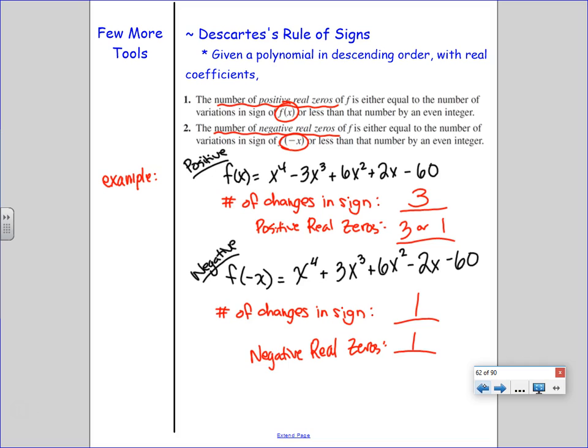So 3 minus 2, I'd have 1 positive real zero. If it was 10, I'd have 10 or 8, and so on. That's why I'm not memorizing, but it can be helpful sometimes, like this one, because it was 3 or 1. Does that make sense?